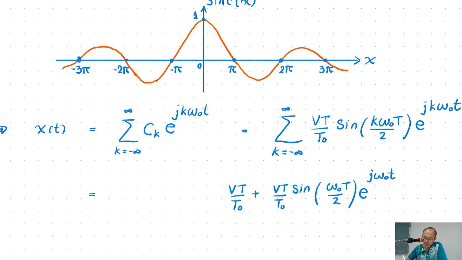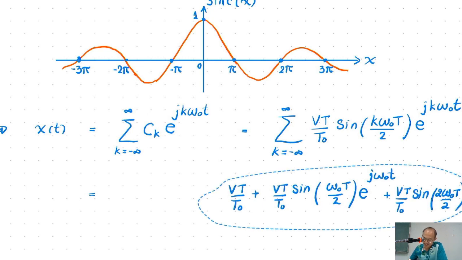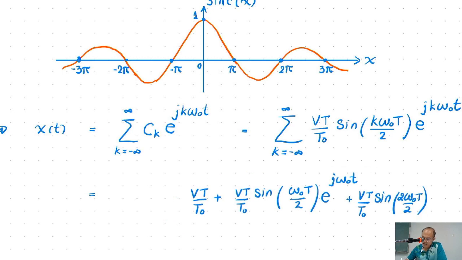Now when k is 2, I have VT over T0 sinc of 2 omega 0 T over 2, e to the j 2 omega 0 t, and so on.